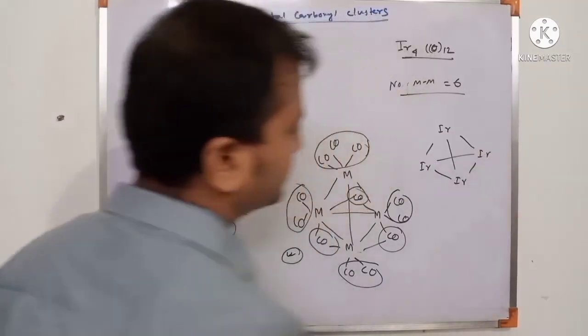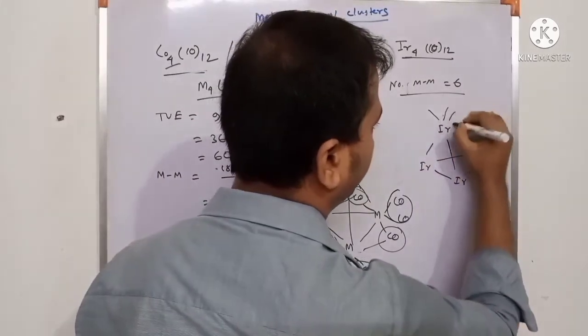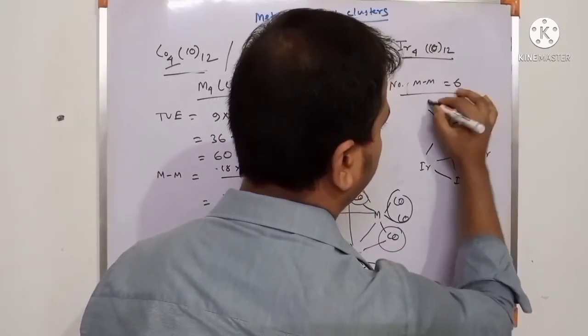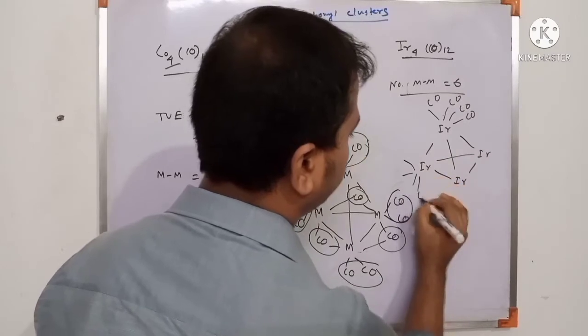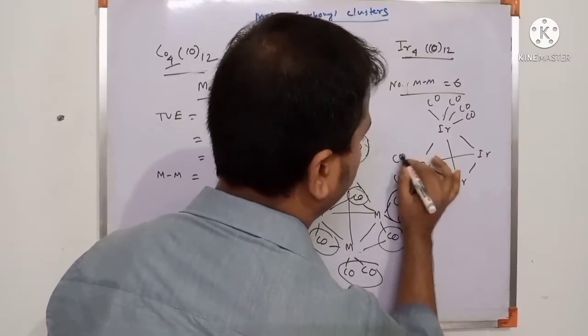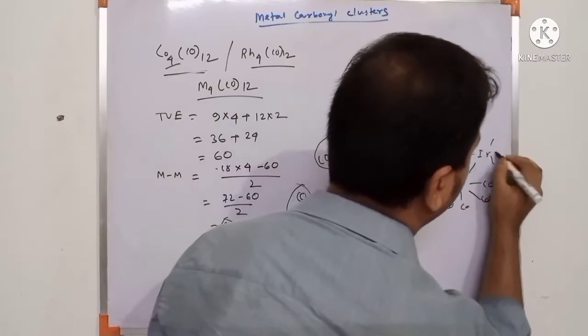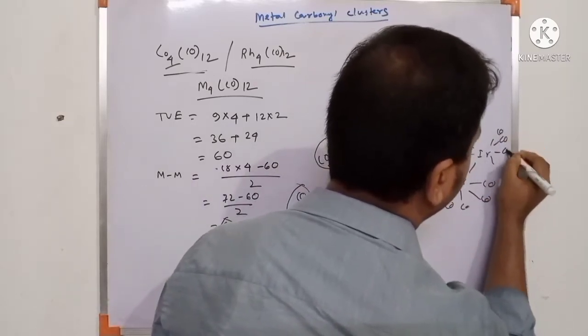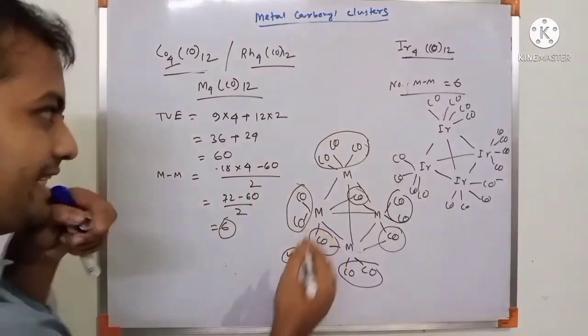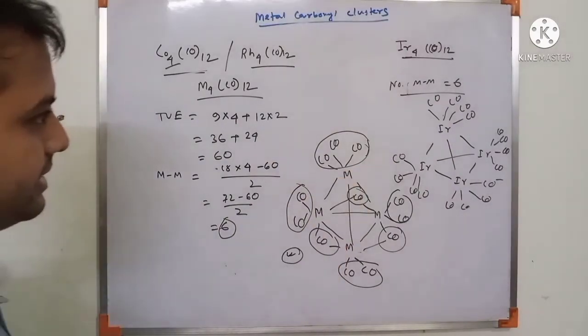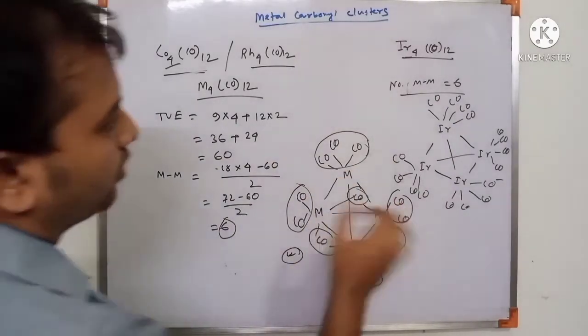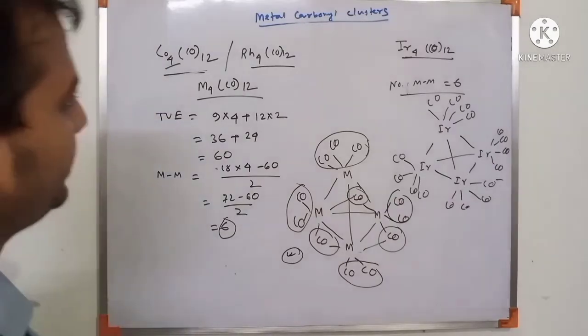So there are 6, and all 4 are terminal. There is no bridging CO. So remember this thing: size increases, so bridging ability decreases, because the metal-carbon overlap is not better.